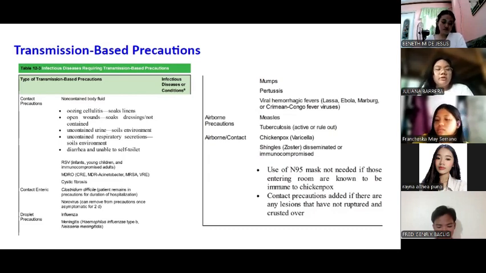Under droplet precautions naman, influenza, meningitis, mumps, pertussis, and viral hemorrhagic fevers. Under airborne precautions, measles and tuberculosis. And then under airborne and contact precautions, chickenpox and shingles. Next.